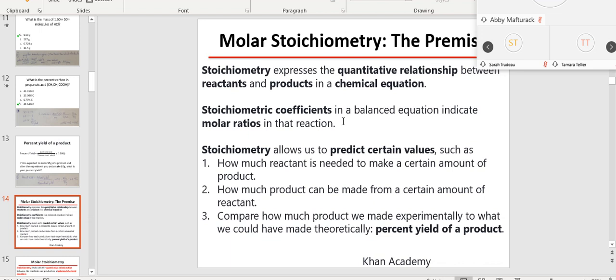Doesn't work if it's not balanced. So some of these questions here, I'll give them to you balanced. Some questions, you'll have to balance them before. And the whole point of this stoichiometry, it just allows us to predict certain values. That's all it is.